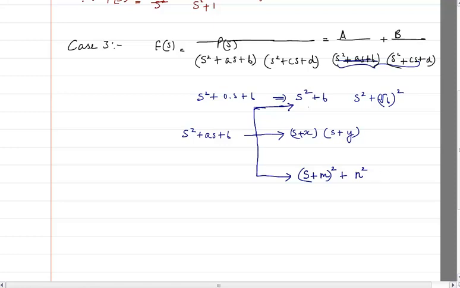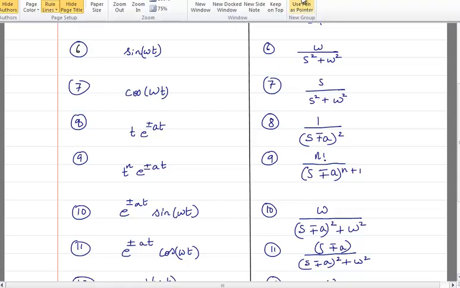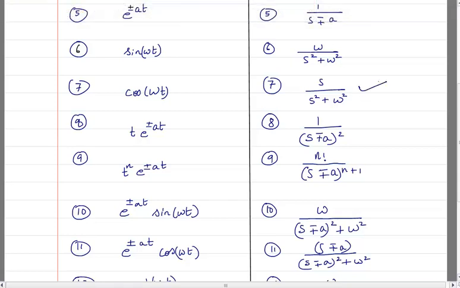If you have it in this form, we had yesterday seen that if we look at the chart, it is the same as this form or this form, so that we can write it in terms of sine omega t or in terms of cos omega t.